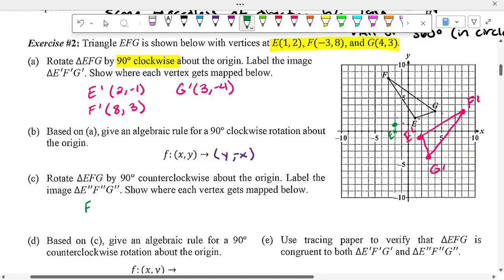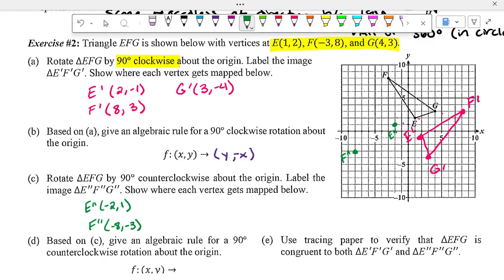So E double prime is -2, +1. F double prime would be -8, -3. And G double prime would be -3, +4.